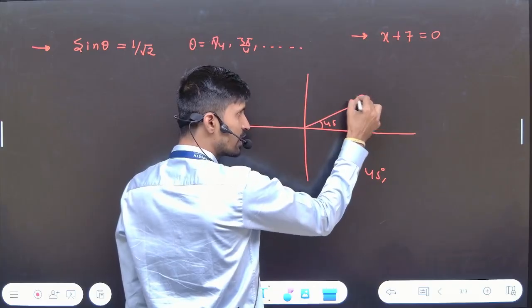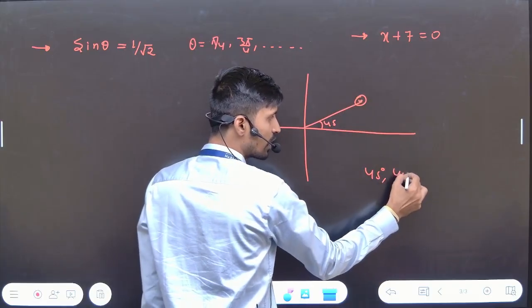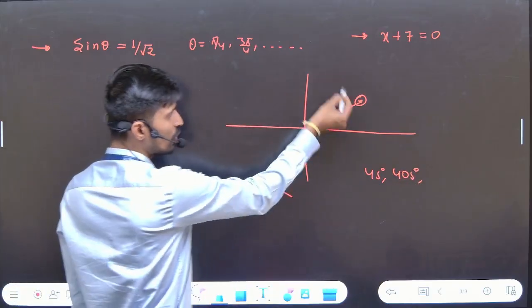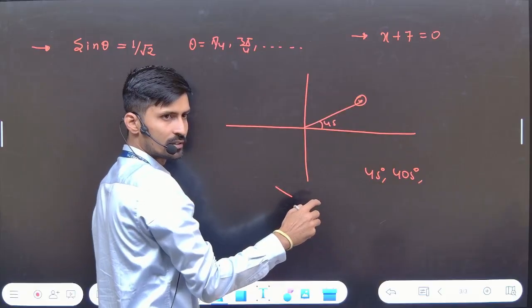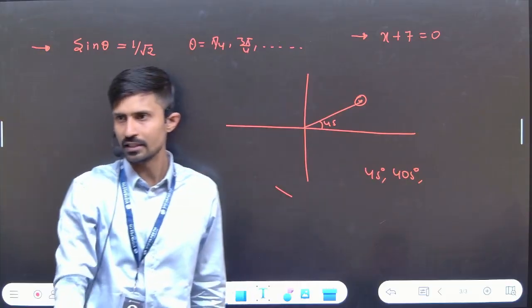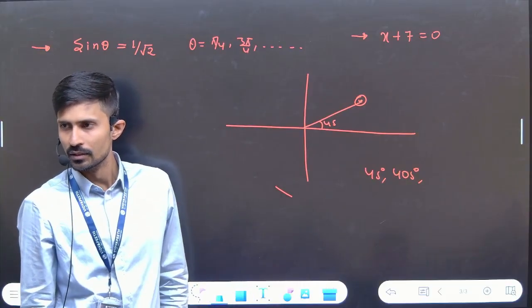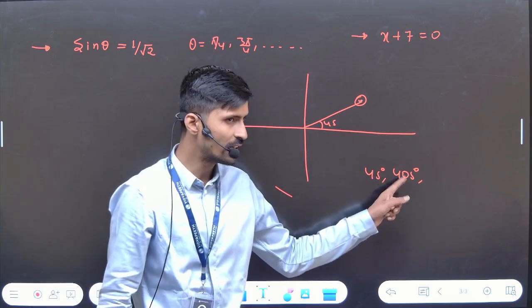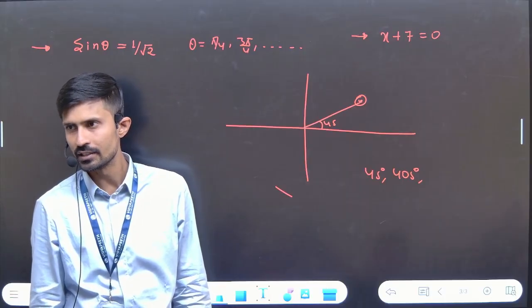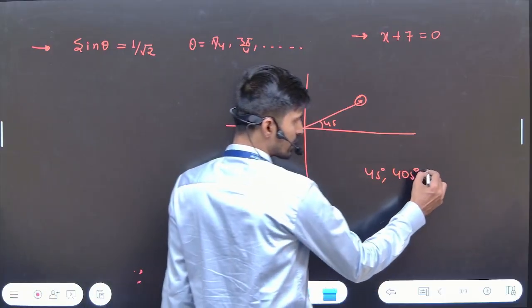In the first quadrant itself, the same place will have the angle 405 degree. Again, if you rotate 360 degree and come here, you will reach the same place, but the angle will change. 405 plus 360 is 765.